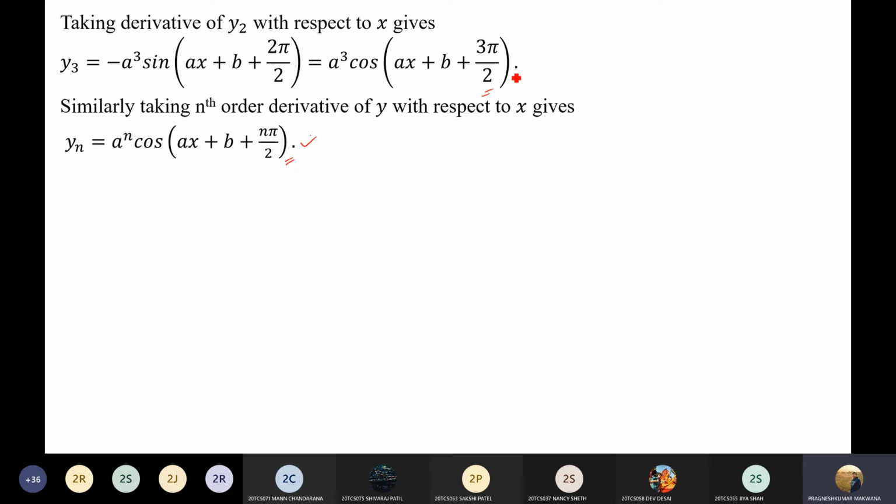So a simple example: here it is given that y is equal to sine x cos x. Then find y9. How can you calculate?